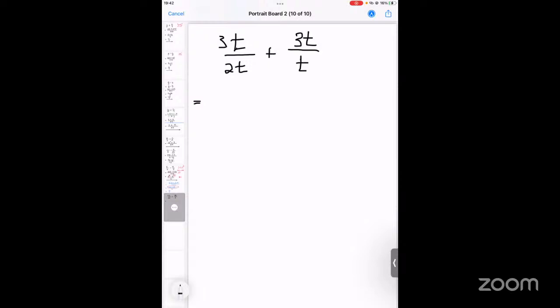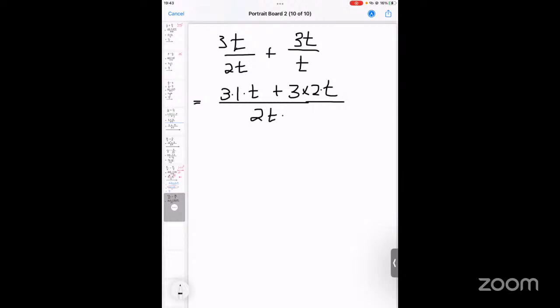So I put the fraction bar, and then my numerator is 3 times 1 times 3t times 1, times t, sir, times t plus 3 times 2 times t. And then my denominator is 2t times the invisible 1t.